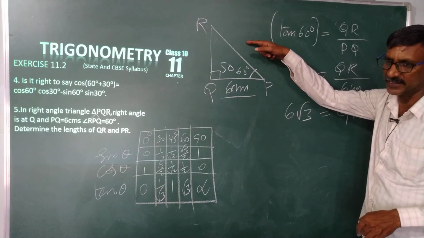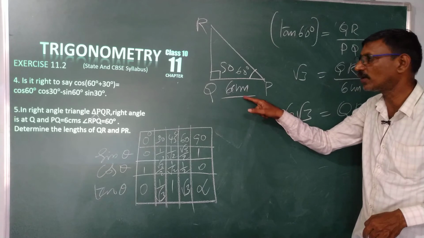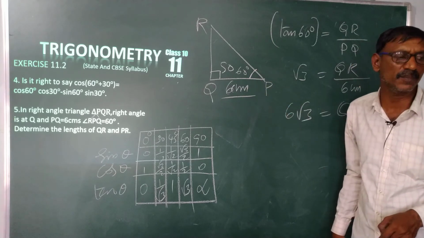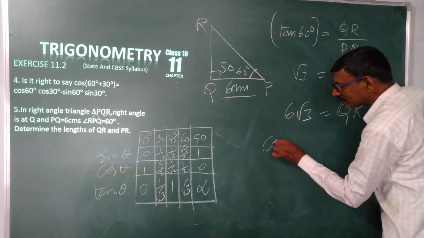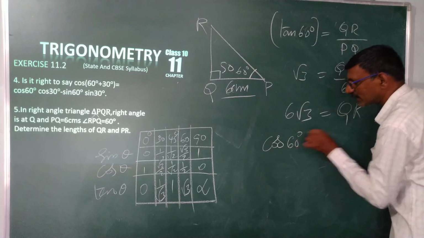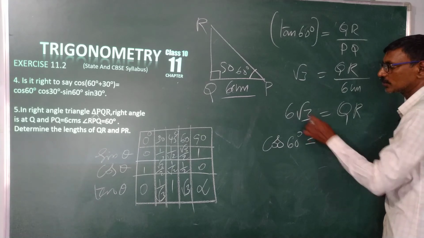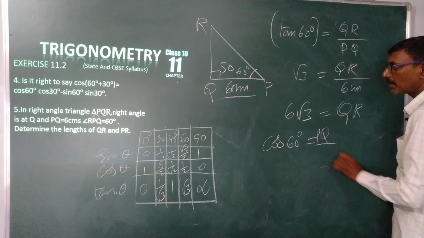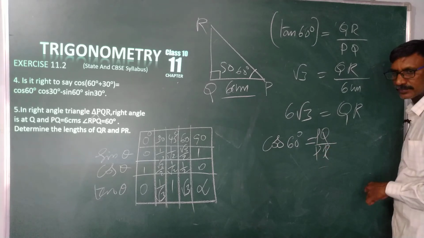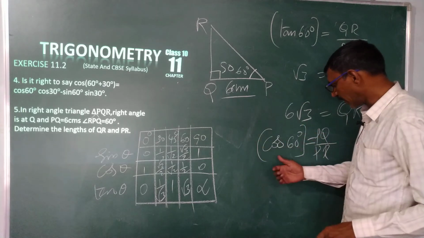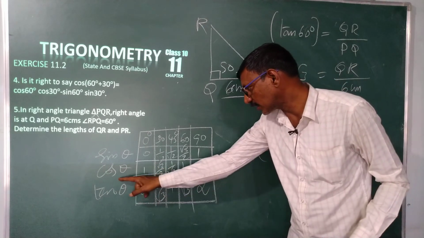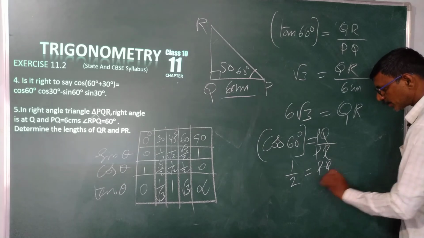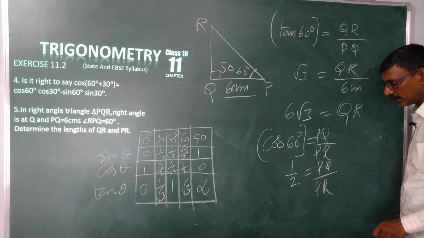Now coming to PR. I need to find this one, but I know this side. Adjacent side by hypotenuse is nothing but cos. Cos with respect to 60 degrees. Cos 60 degrees is equal to adjacent side PQ by PR. Cos of 60 degrees is 1 by 2, equal to PQ by PR.